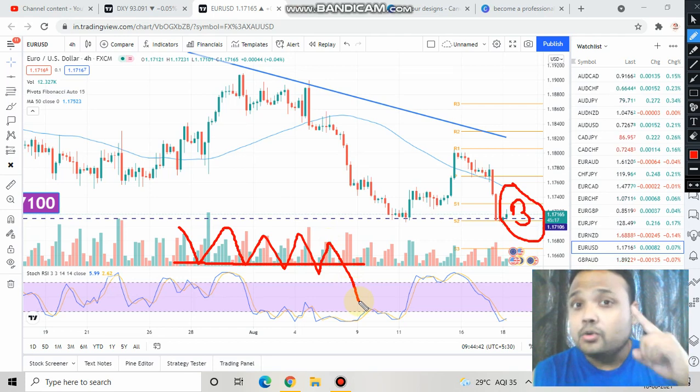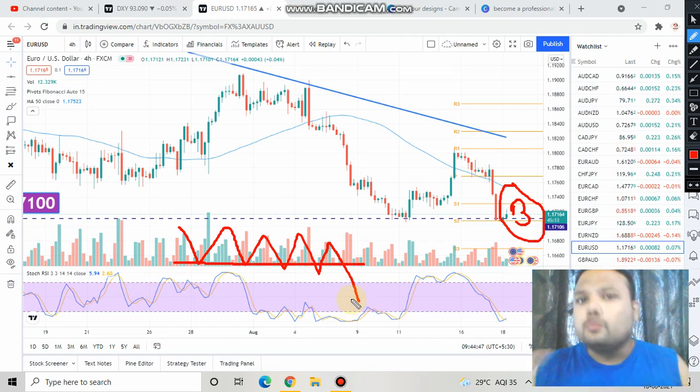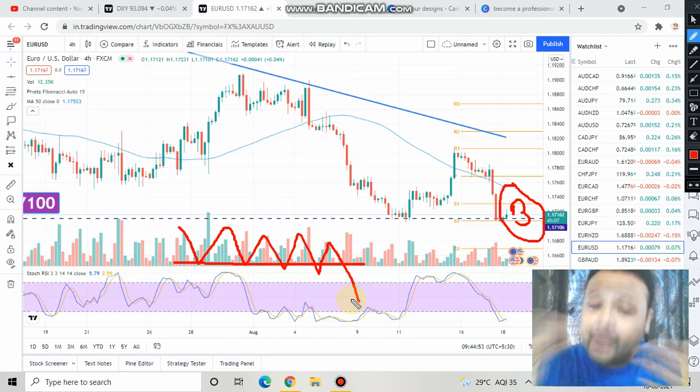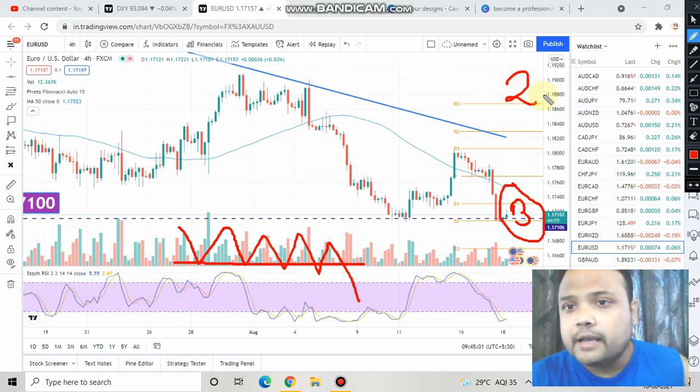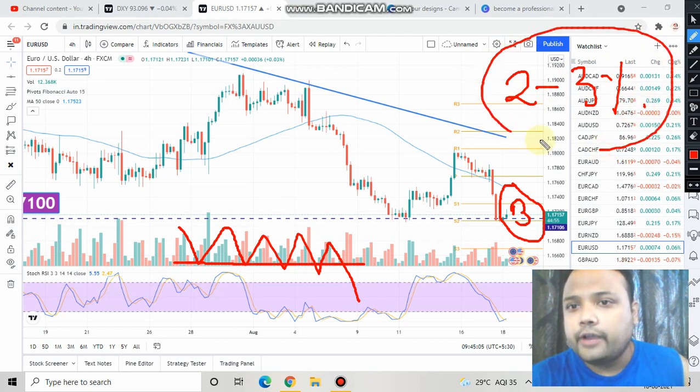Market has been testing this level too much right now, therefore market may break also. So I'm requesting you, if you go for a buy here, still do not take any heavy position, follow proper risk management, and do not risk more than 2 to 3% of your trading capital.